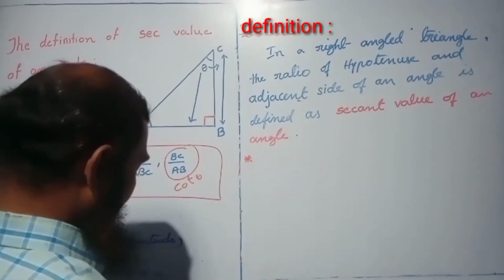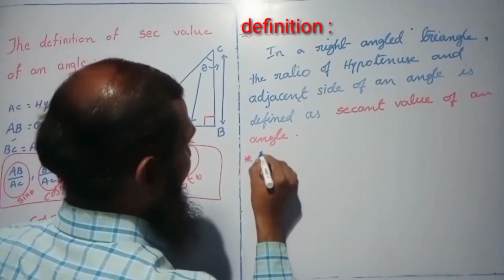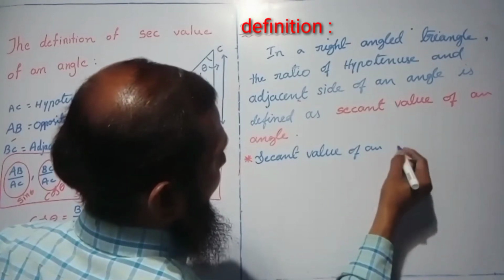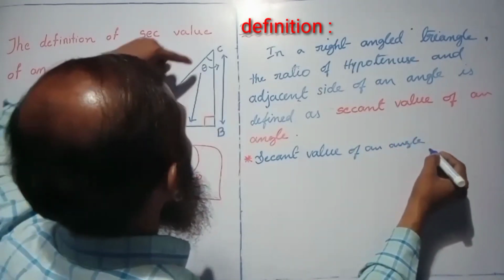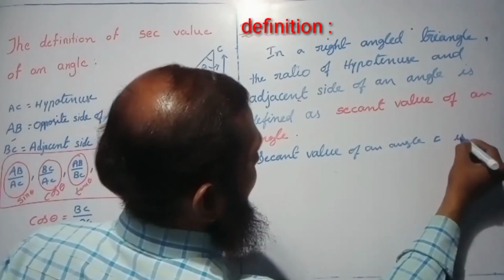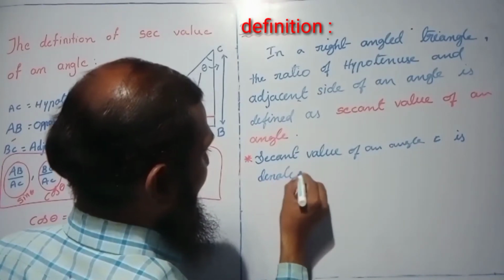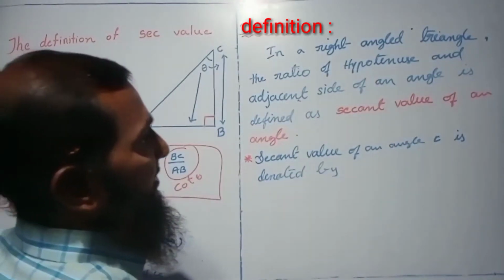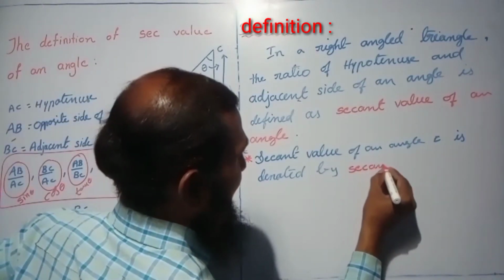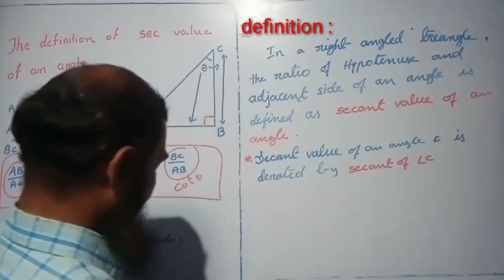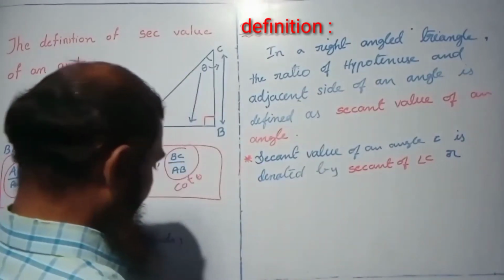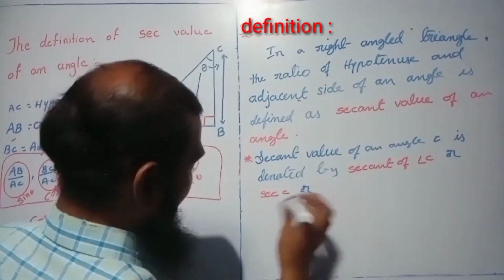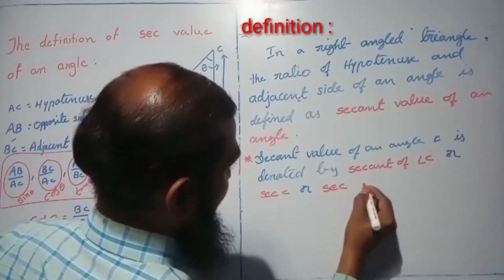This secant value of an angle C is denoted by secant of angle C, or secant C, or sec theta.